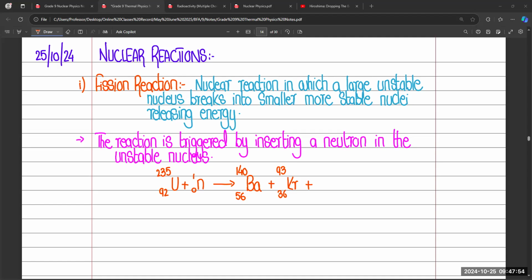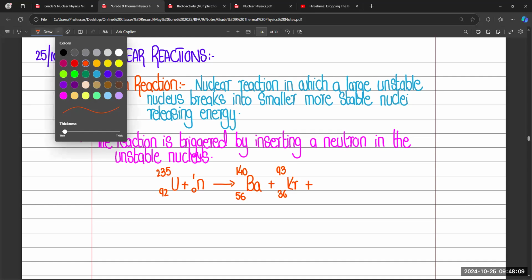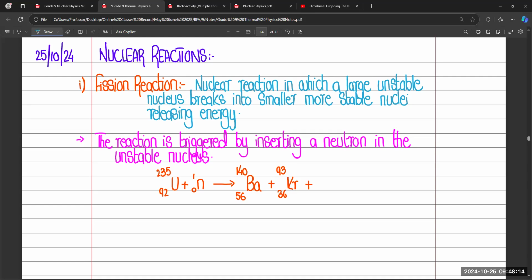The equation is balanced. Sir? Yes. I want to ask, after adding the uranium and one neutron, where did the element Ba come from? Okay. Basically, initially we have uranium and a neutron, right?